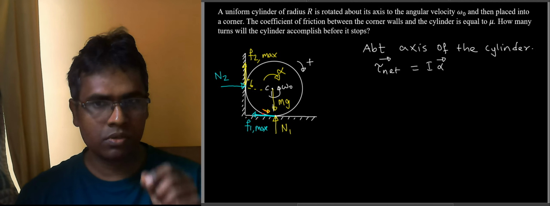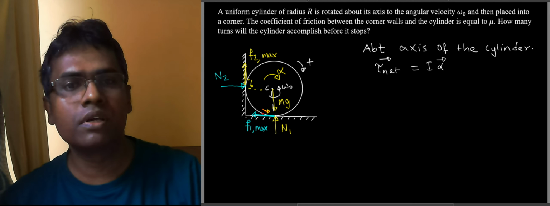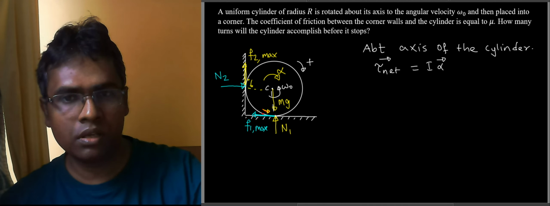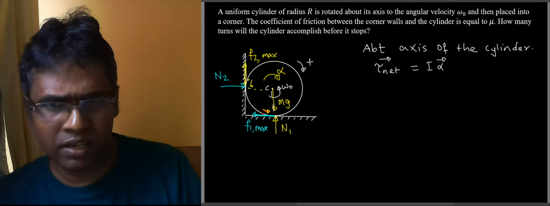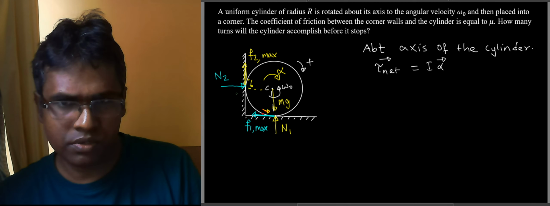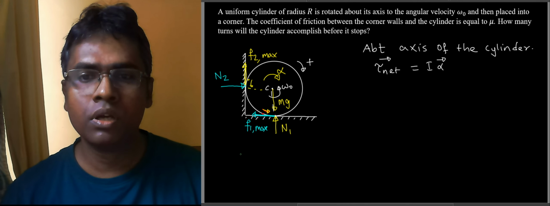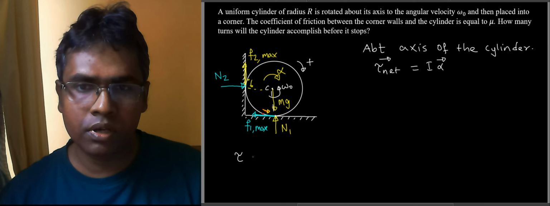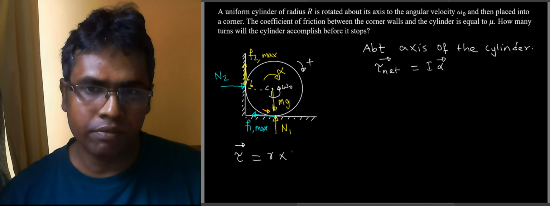If the thumb points into the board, the curling fingers show the direction in which the cylinder would get the angular acceleration. So I highly suggest that you use your right hand thumb rule for obtaining the torque. We know torque is R cross F.